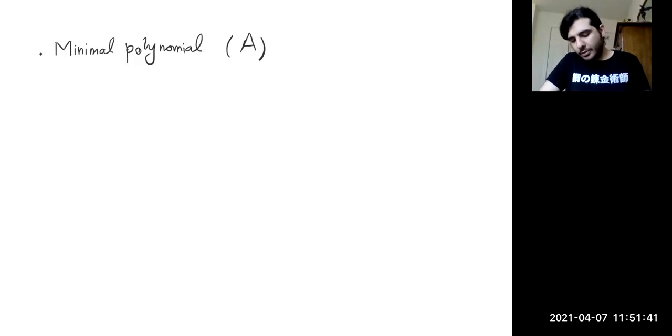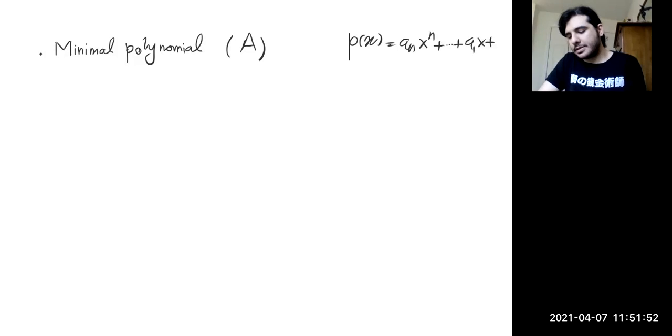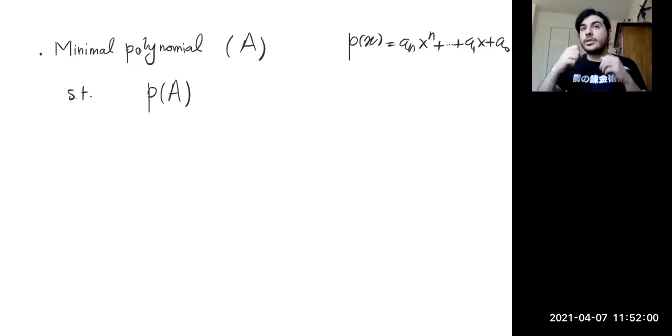So it's a polynomial like p(x), some polynomial, say a_n x to the n plus up to a_1 x plus a_0, such that it has 3 properties. One, P of A, if we plug in the matrix A inside this polynomial, we would get 0. That's 1.